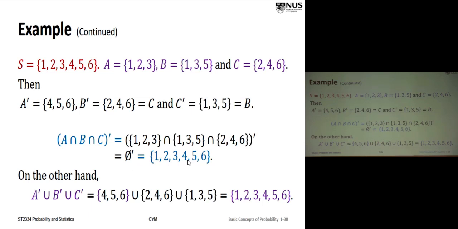On the other hand, the right-hand side of De Morgan's law says you take A complement union B complement union C complement. So I take this one union this one union this one. I add all the elements, so I get a 4, a 5, a 6, I add on a 2, I add on a 1 and a 3, and I get the sample space. So again the left-hand side is equal precisely to the right-hand side.